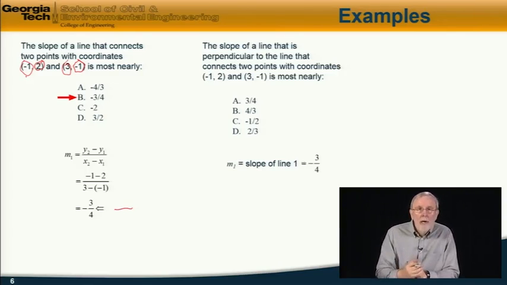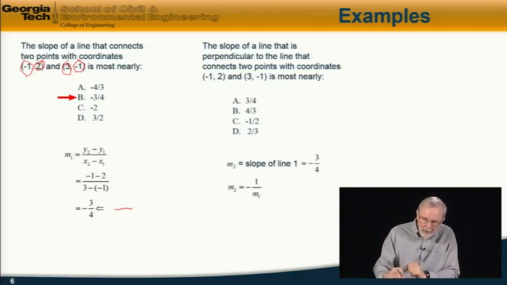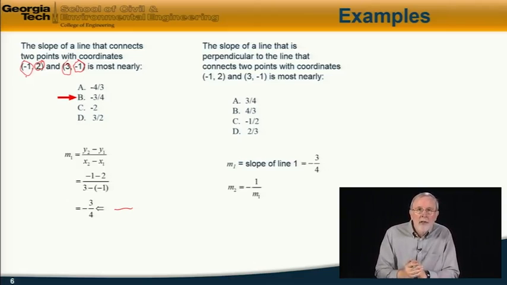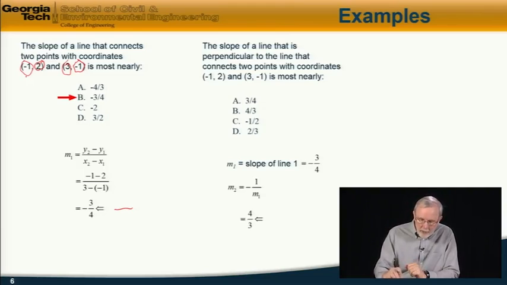I'll call that m1, which is equal to minus 3/4. And for the line which is perpendicular to that, m2 is minus 1 over m1, because the product of those two slopes is equal to minus 1 if they're perpendicular to each other. Therefore, the slope of the line which is perpendicular is equal to 4/3. And the answer is B.